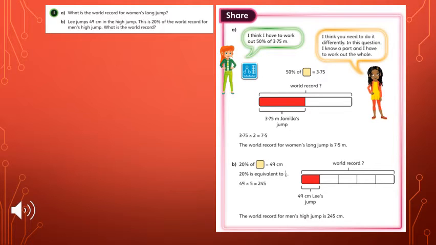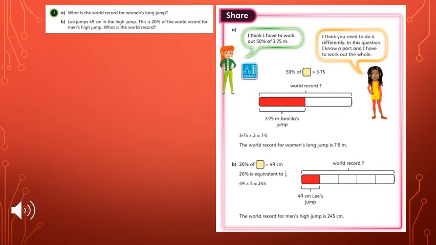So I've got a bar model and half of it is shaded in, and that is because when we find 50% we divide by 2. So the bar has been split into 2 and the first half has been shaded in because that is how far the jump was, 3.75 metres. And that tells me that I need to work out the other half, the other part of this whole.